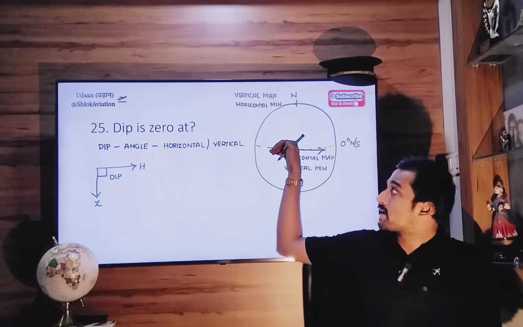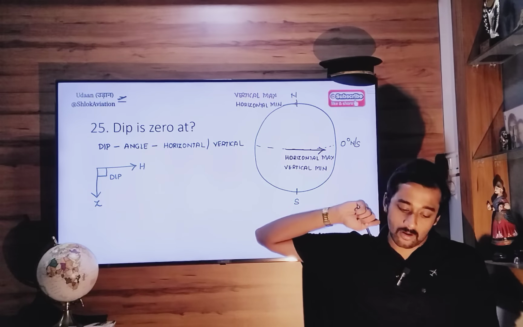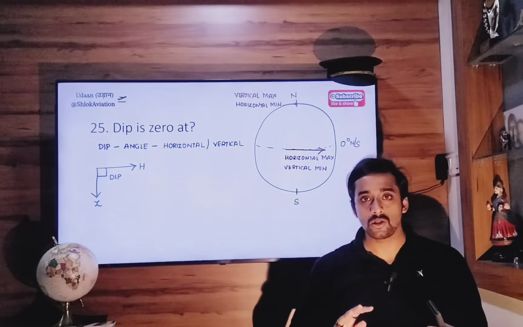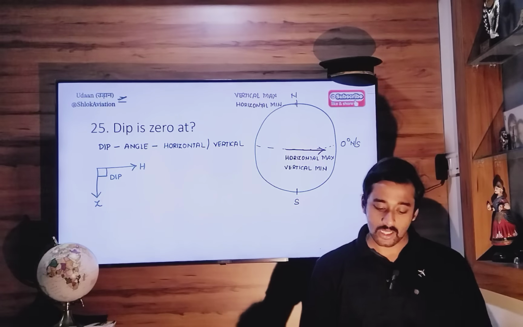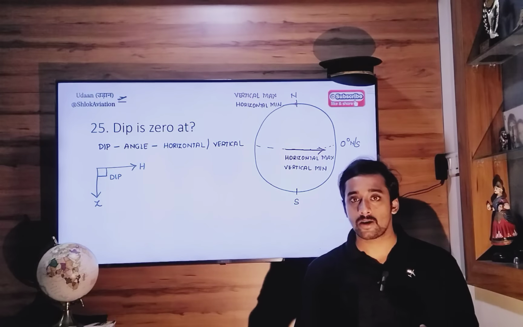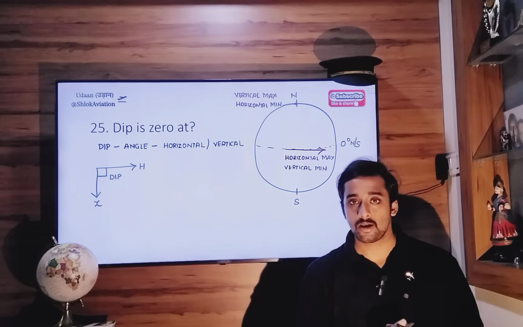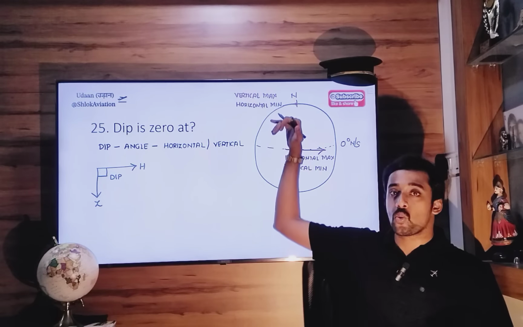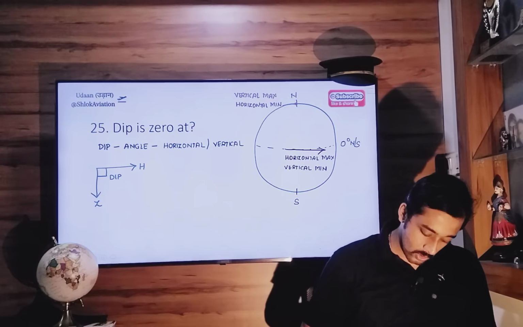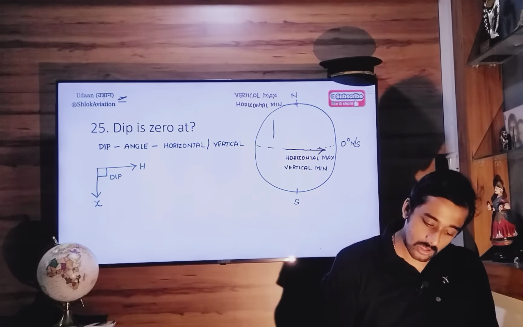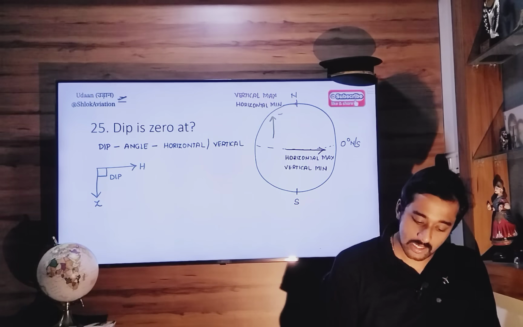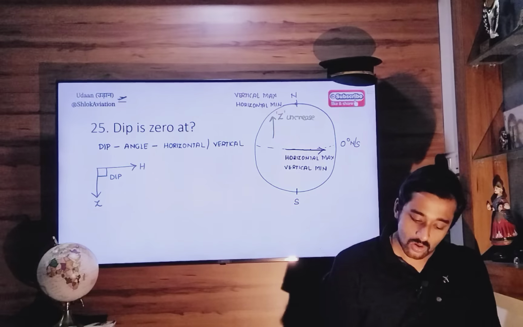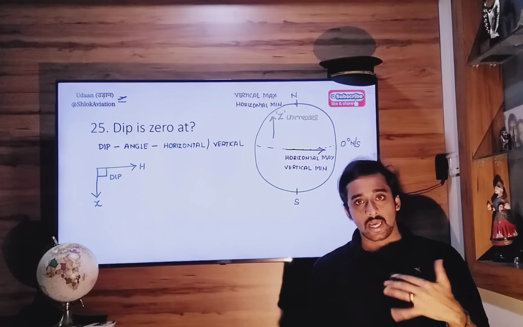Anywhere between the magnetic equator and the poles, your horizontal component and vertical component will differ, more or less. So as you go away from the magnetic equator towards the pole, vertical component Z increases, horizontal component H decreases.